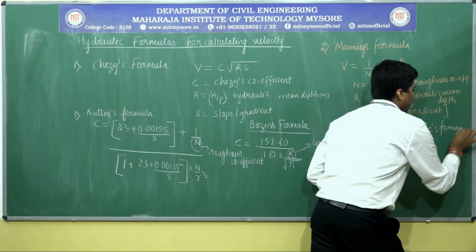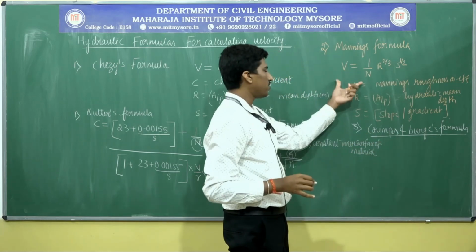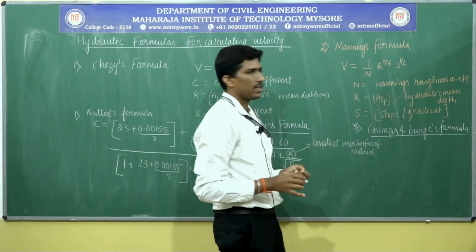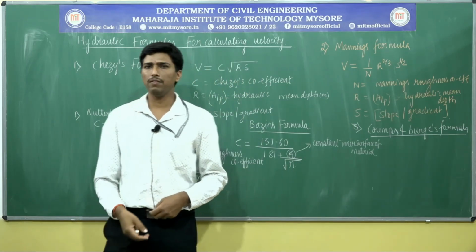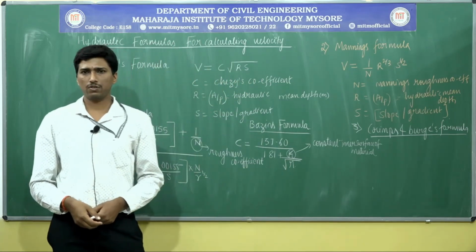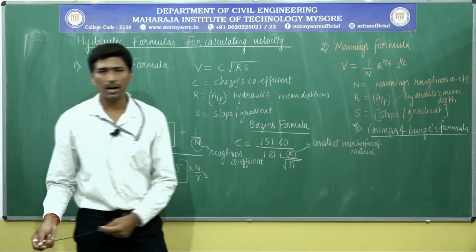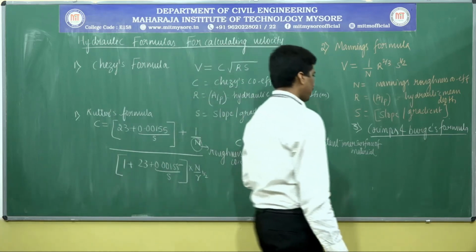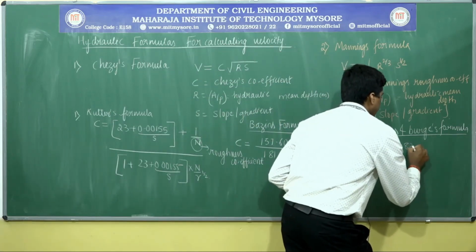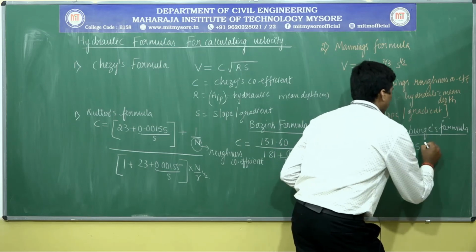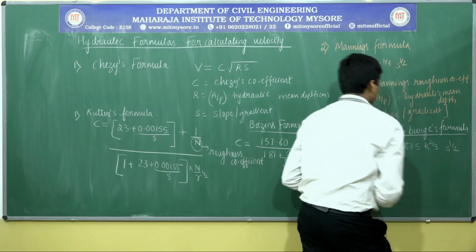This formula is mainly for calculation where, instead of that 1/n, we have a multiplicative factor. What does that mean? We have V = 83.5 R^(2/3) S^(1/2).